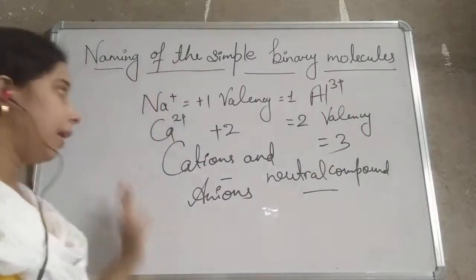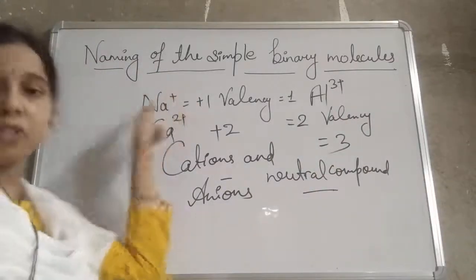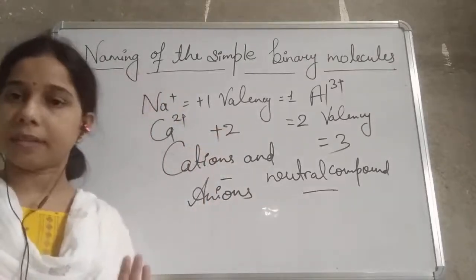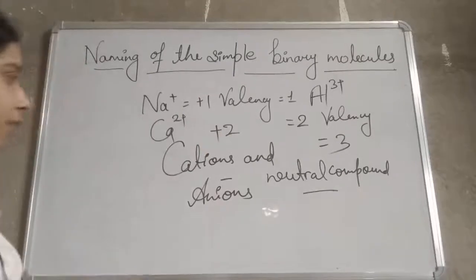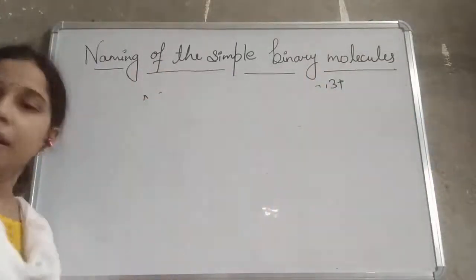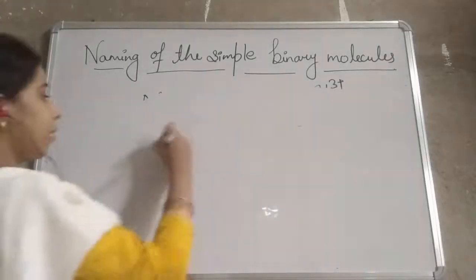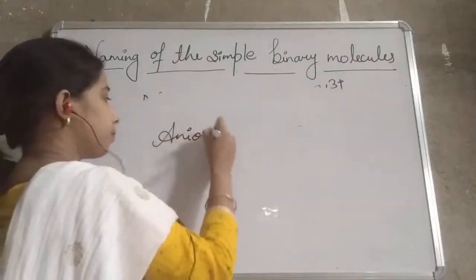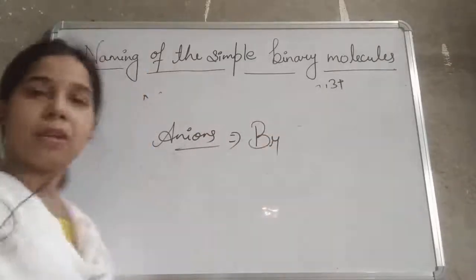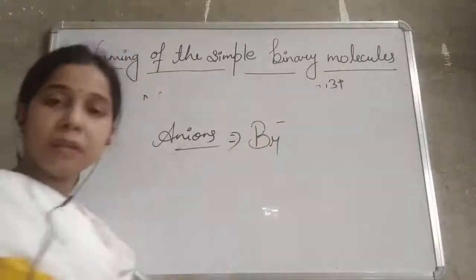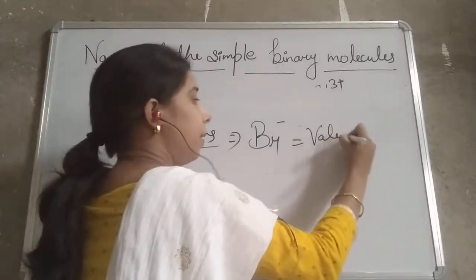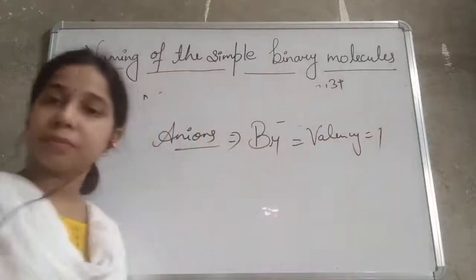So you see here in a cation, whatever the plus charge is will determine the valency of that particular cation. Now if we see the anion, the same thing is followed as with the cation. Bromine has -1, so the charge is -1 and the valency will be 1.